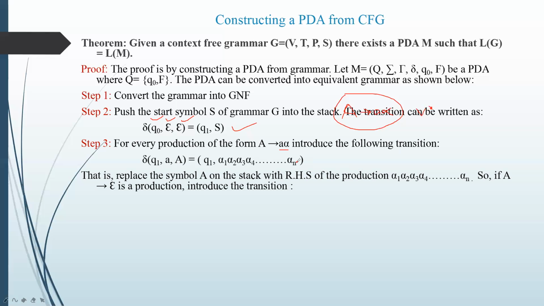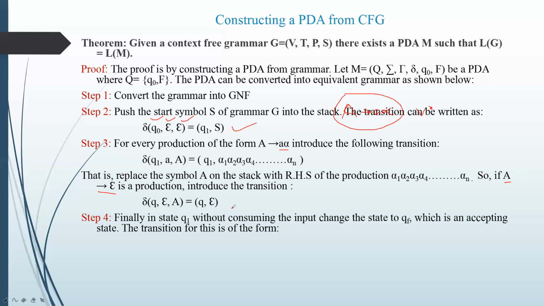If A produces epsilon is a production, introduce a transition of the form δ(q, ε, A) = (q, ε). That is, if there is any production of the form A produces epsilon, then introduce the transition δ(q, ε, A) = (q, ε), whichever state it is, that has to be written.